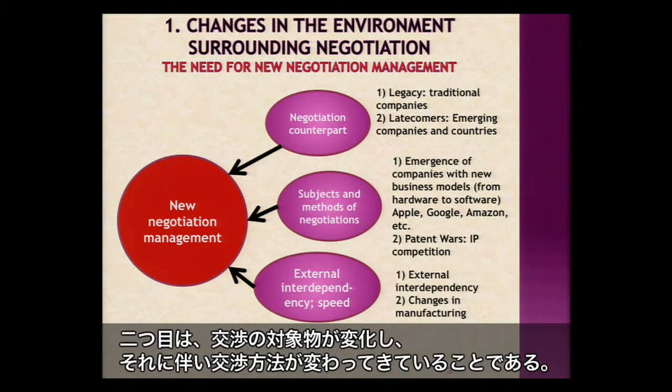Second is a change in the subject of the negotiation and the way of negotiations. For example, when Edison invented the light bulb, the subject of negotiation was extremely simple, so to say, the light bulb itself.